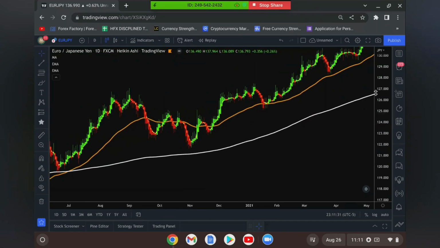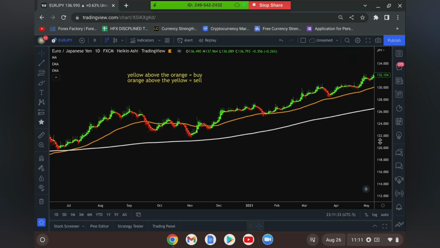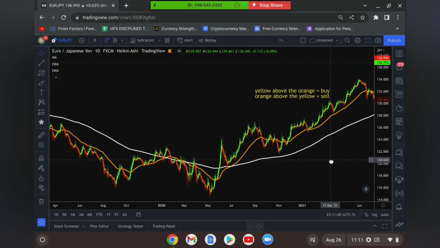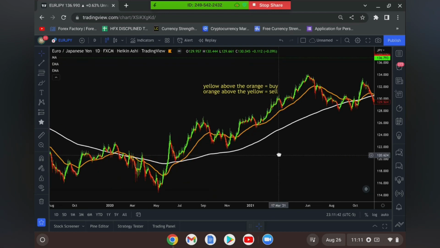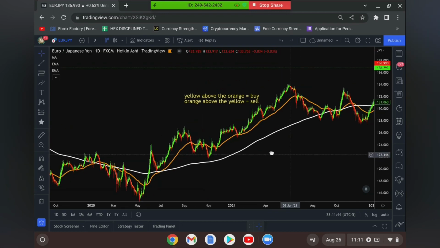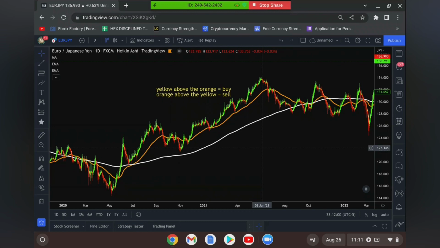So again, these are super easy, super simple to use. This is one of the most popular and well-known indicators for a reason, you guys. Especially as a beginner trader, this is a great tool to help you determine the trend of the market, as well as find good entry points to get into a trade.